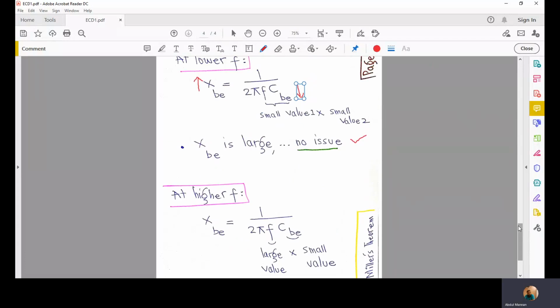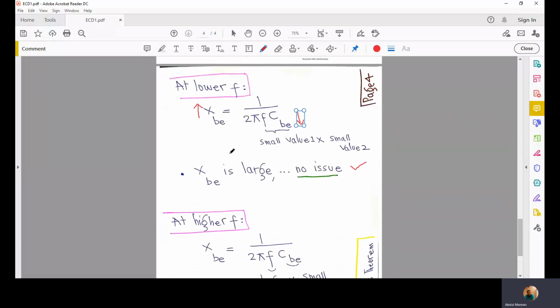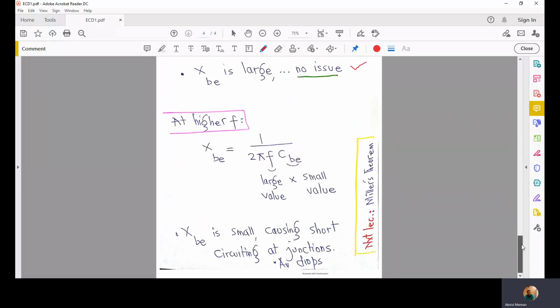It's small, but it's not that small. So XBE would be smaller compared to the XBE that we had here. Smaller XBE causes short circuiting or reduced impedances at junctions, which plays its role to drop the overall voltage gain.